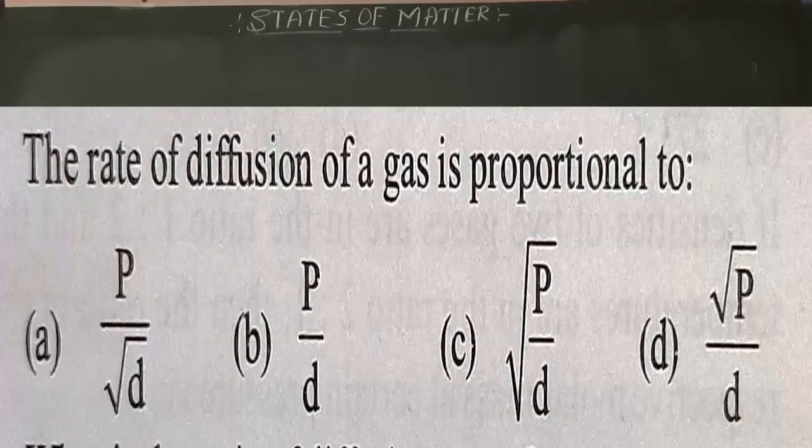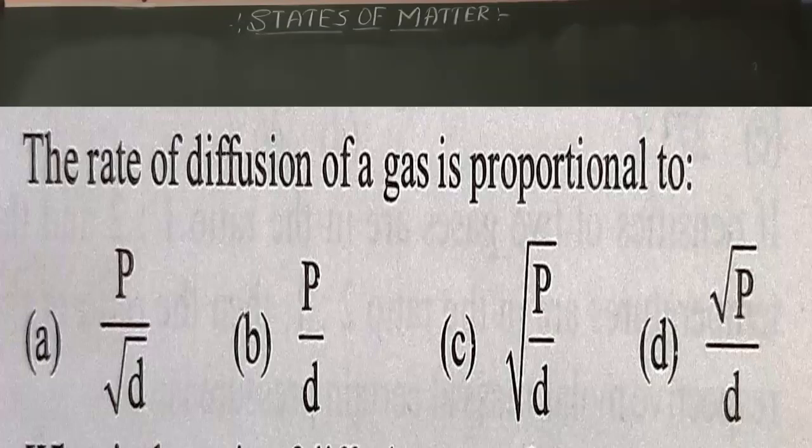Then 25th question, the rate of diffusion of a gas is proportional to, as you have already studied the Graham's diffusion law, it states that the rate of diffusion is inversely proportional to square root of the density, as well as it is also dependent on pressure. Rate of diffusion is directly proportional to pressure.